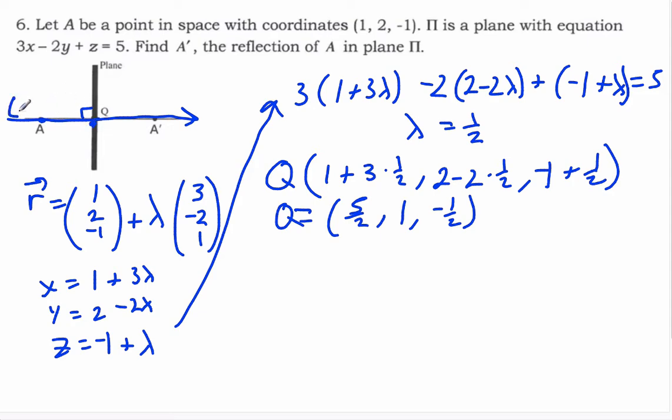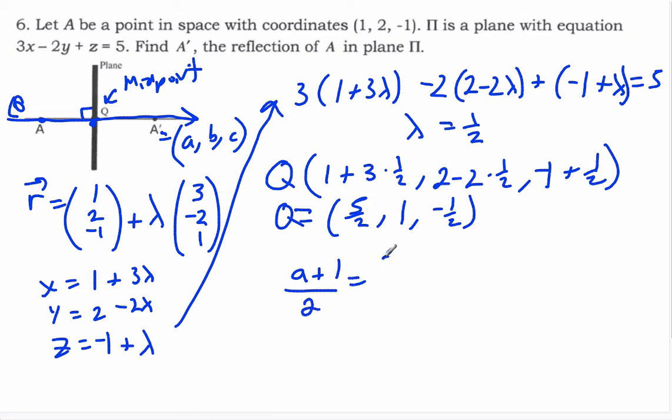One way to solve this now is you have point A, then Q on the plane, and A prime over here. Q is the midpoint, right? So we can use the midpoint formula. Let's call A prime the point a, b, c, and then we'll solve for a, b, and c. To get the x value, you do a plus the x value over here, which is 1, divided by 2, and that gives you the midpoint, which we already know is 5 over 2.